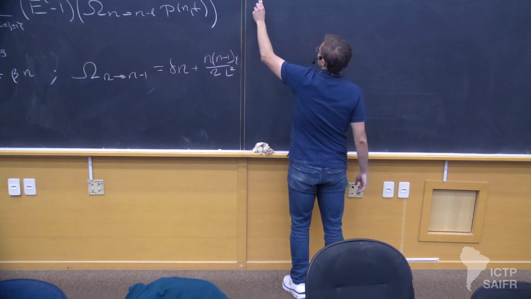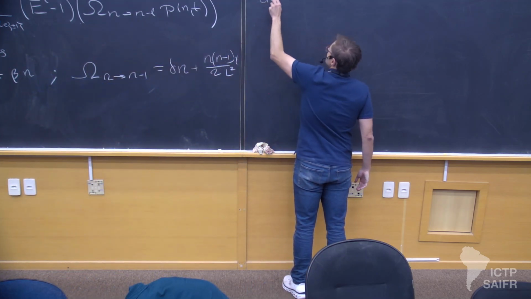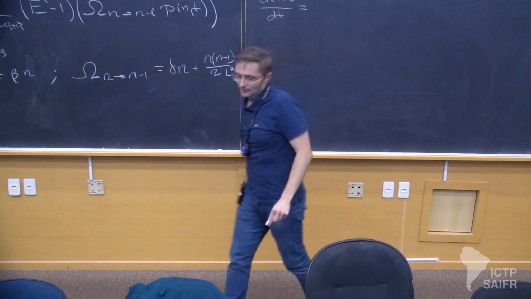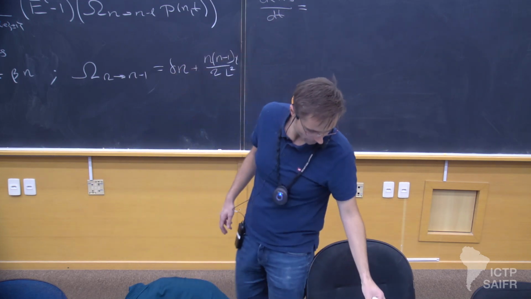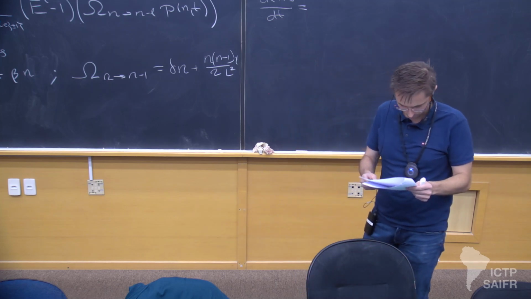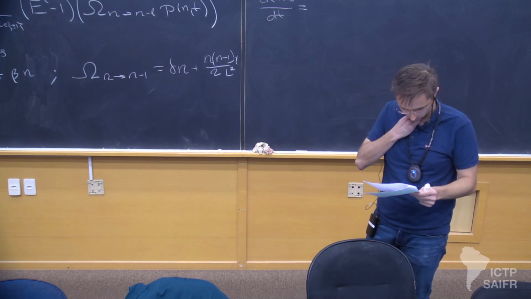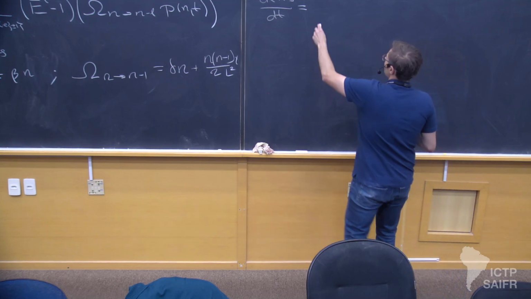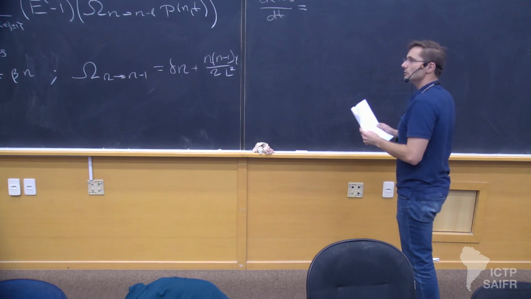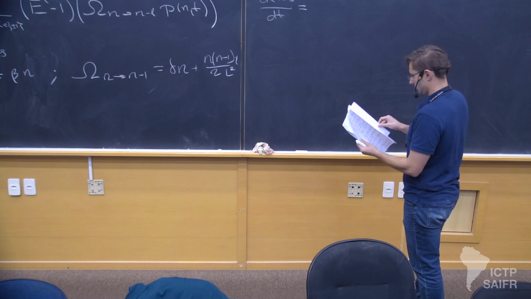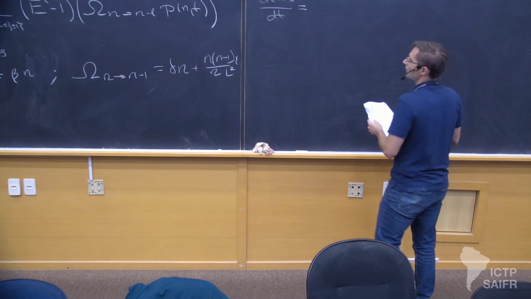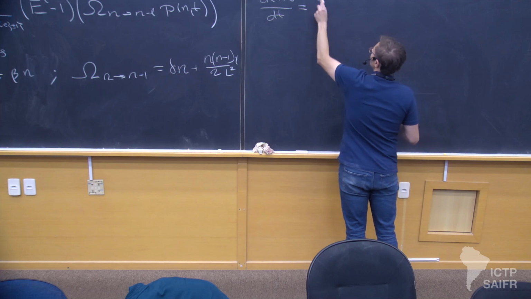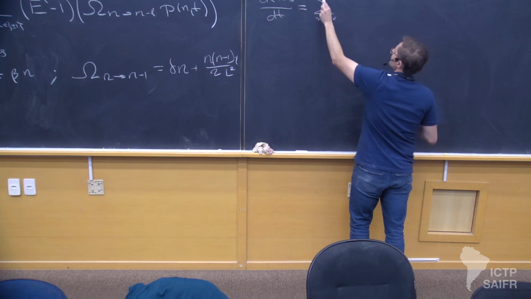I'm going to write the equation for the time derivative of the mean number of particles. Okay, let's do a couple of terms, and then you can finish it up.